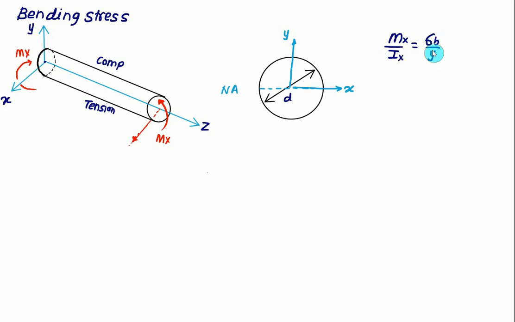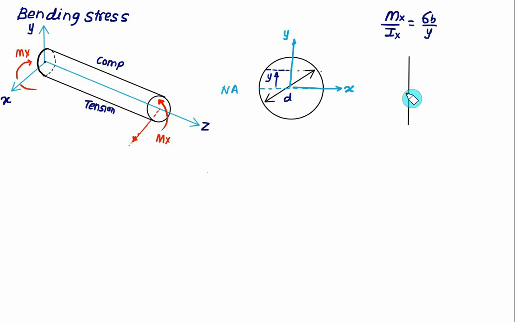Now you have to select the fiber, whether it is on the top side or the bottom side. Suppose you select the fiber at this point, then you select the value of y from the neutral axis. On this fiber we can calculate the bending stress. For the given cross section, the bending moment will be uniform and Ix will be uniform; only the value of y will change.